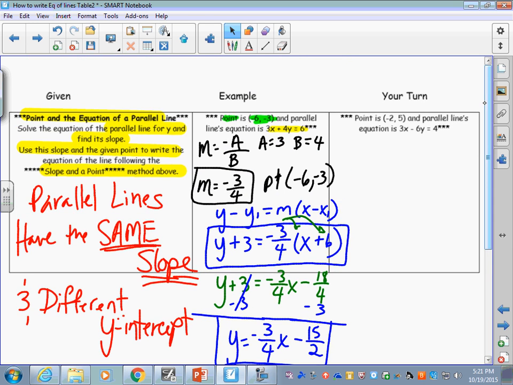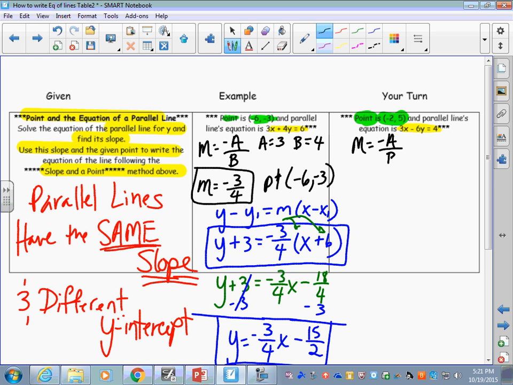So on your turn, your problem that you have is the point is -2, 5. And then we're going to use the equation 3x minus 6y equals 4. So again, we're going to first find the slope using -a over b. I'll let you try to do that.